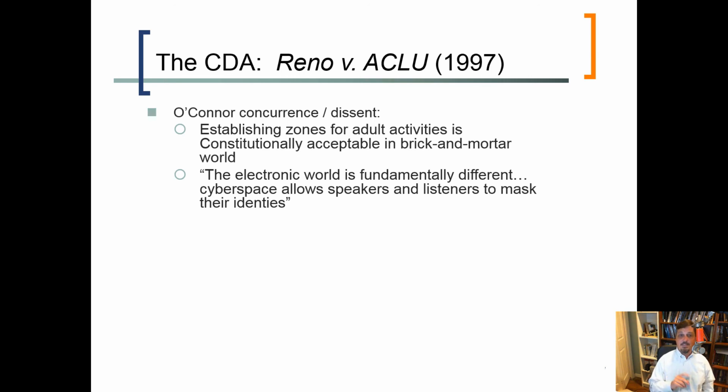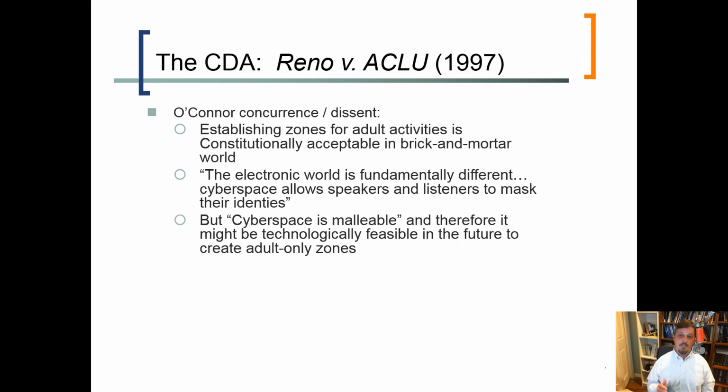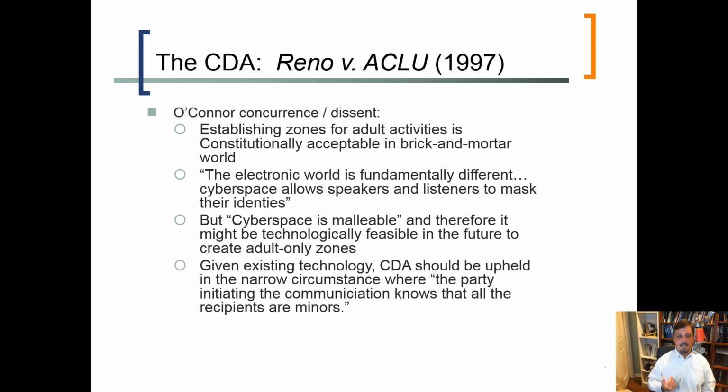But note this. She does say cyberspace is malleable. It could be feasible in the future to create adult-only zones if the technology develops to allow that. Again, this case, 1997. So she says, with existing technology, the Communications Decency Act should have been upheld in the narrow circumstance where the party initiating the communication knows that all the recipients are minors.